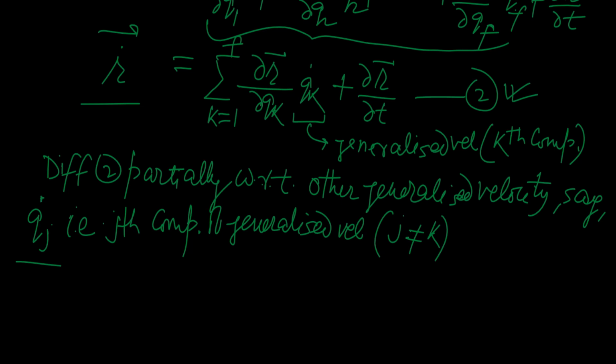So our result will be del r dot by del qj dot equal to, differentiate this RHS, operate the operator del by del qj dot on both of the terms separately.